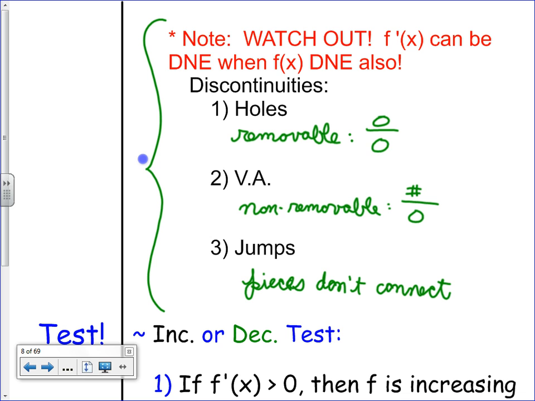All of this is talking about domain problems of my original. Let's actually write original. It's not always named f. Gotta watch out for domain problems of the original.